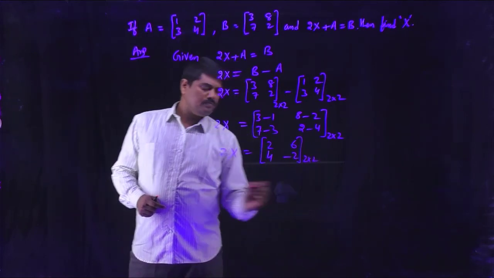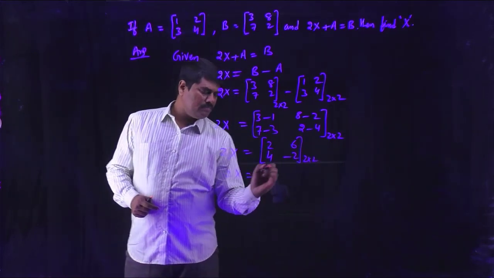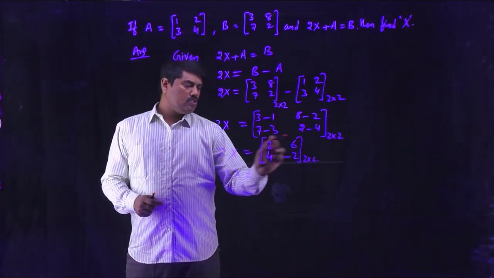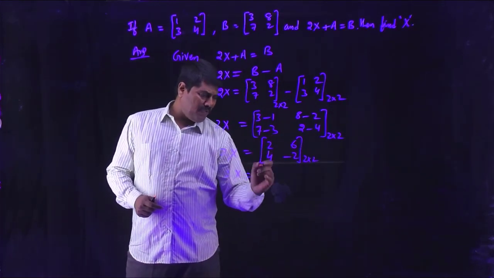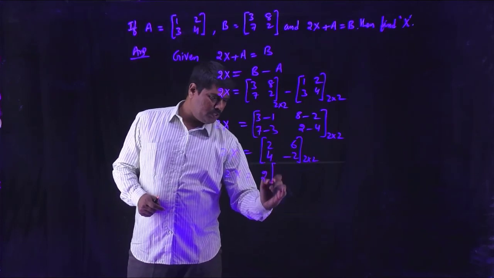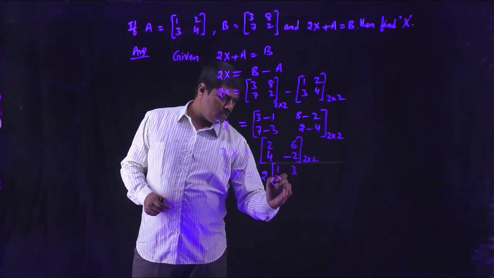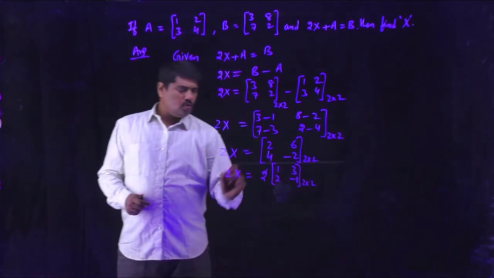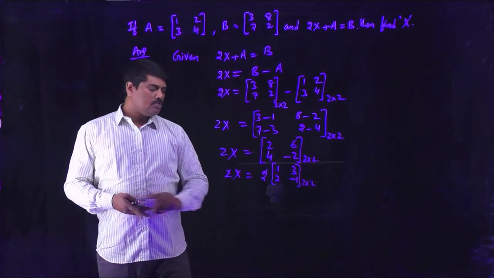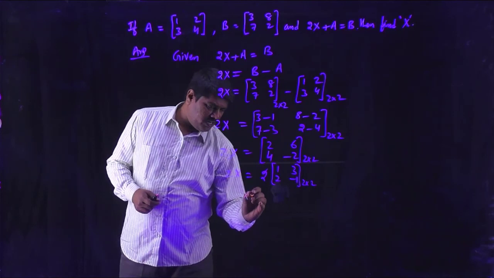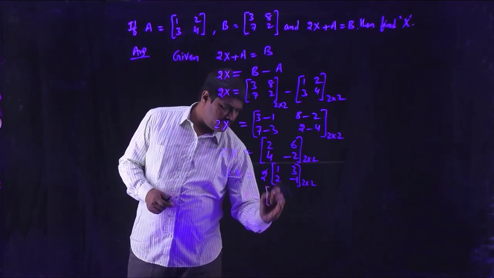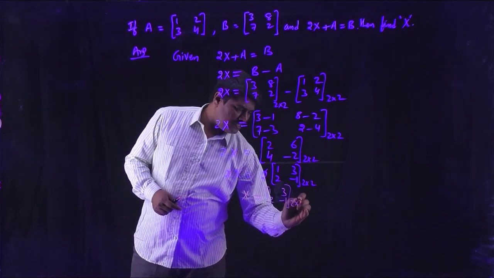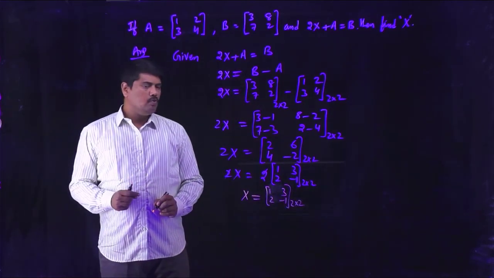Here you can observe every element is a multiple of 2, so you can separate 2 from the matrix. You can write that as 2 into 1, 3, 2, minus 1. Cancelling 2 on both sides, you will get the final required matrix X, that is 1, 3, 2, minus 1, which is also of order 2 by 2.